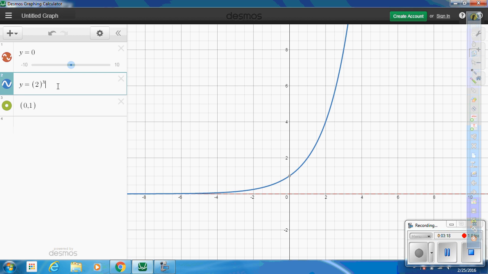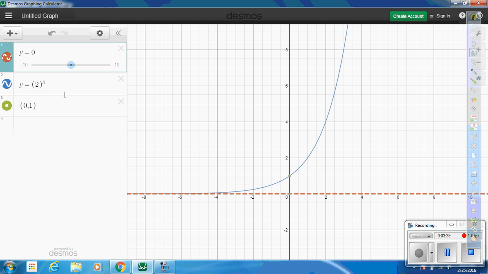So if you remember, to move something up and down, or to move something left and right, to translate, we translated by adding or subtracting. And the direction that it translated depended on whether we added inside the function or we added outside the function.